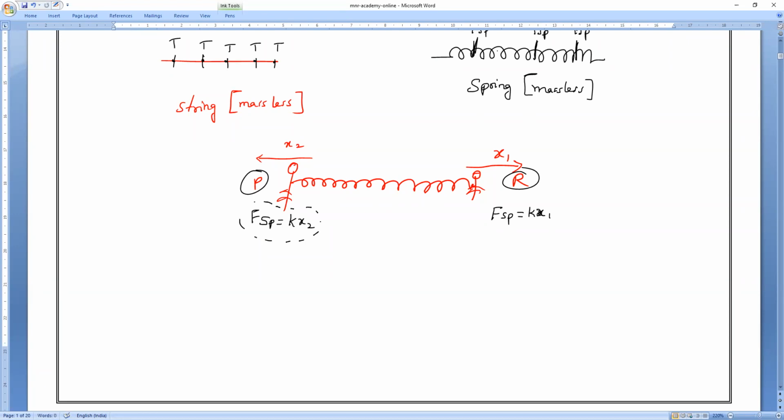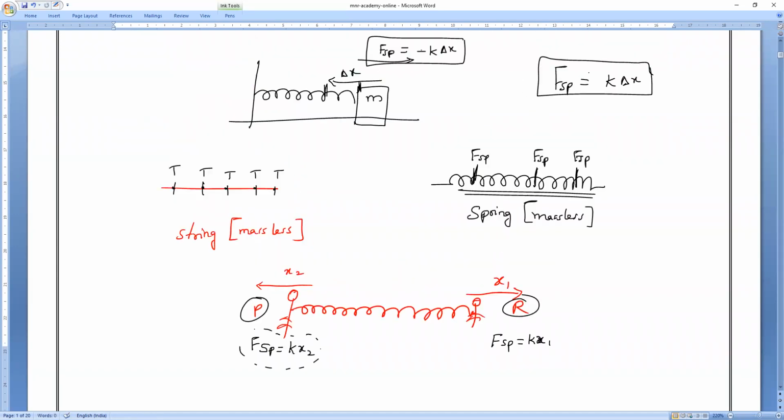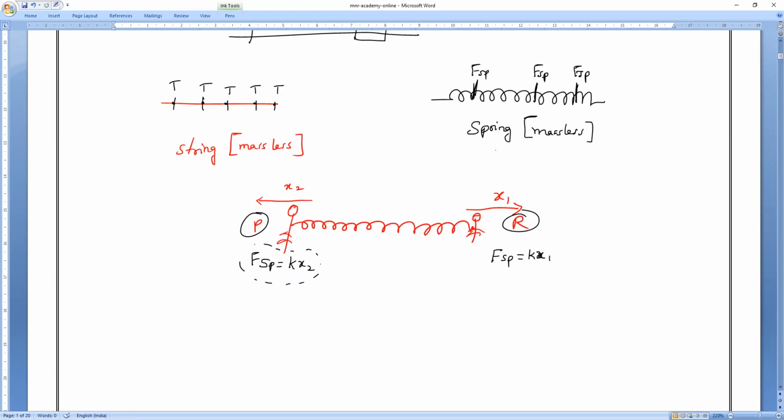If you observe this diagram very carefully, what is it saying? If it is a single string, then the spring force remains constant everywhere. But if you write it separately, how will it be constant? You are saying that here the spring force is K into x1 and here it is K into x2.